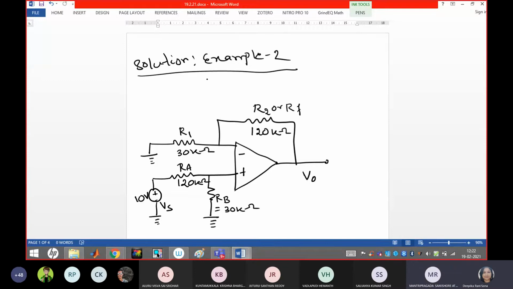Ma'am, V naught equal to 10 volt. Yes, V naught equal to 10 volt. Any other answer?